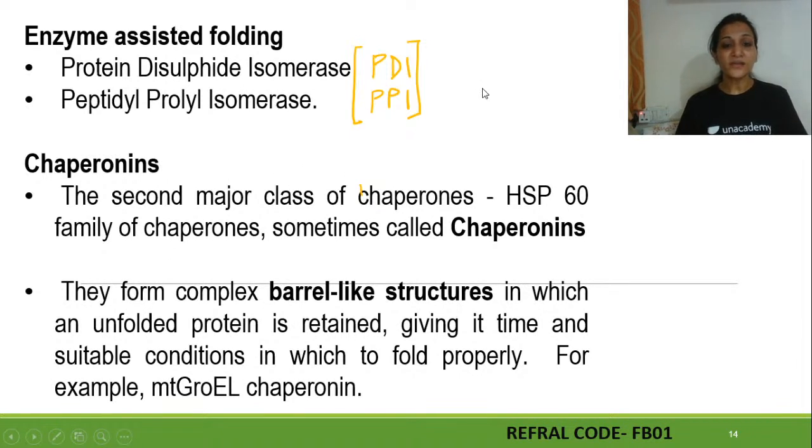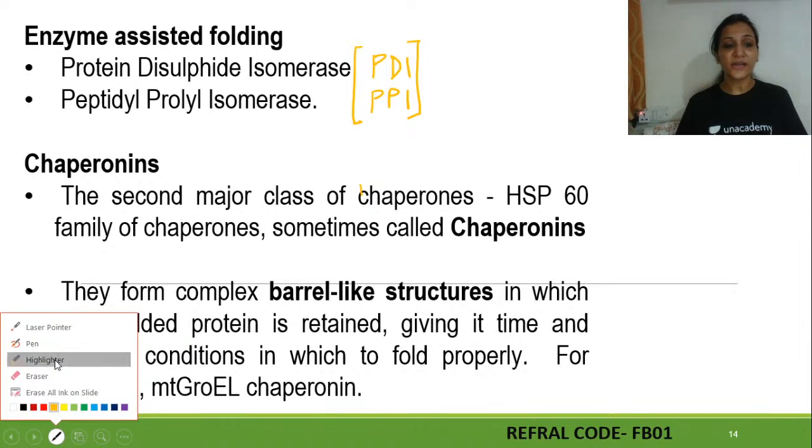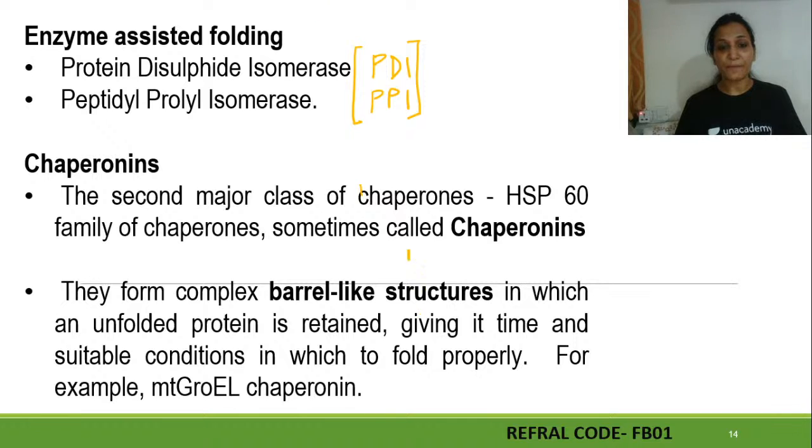Now there is another type of chaperones which is given very much importance, that is chaperonins. So what are these chaperonins? Chaperonins are actually another class of chaperones. They are chaperones only, but of another class.